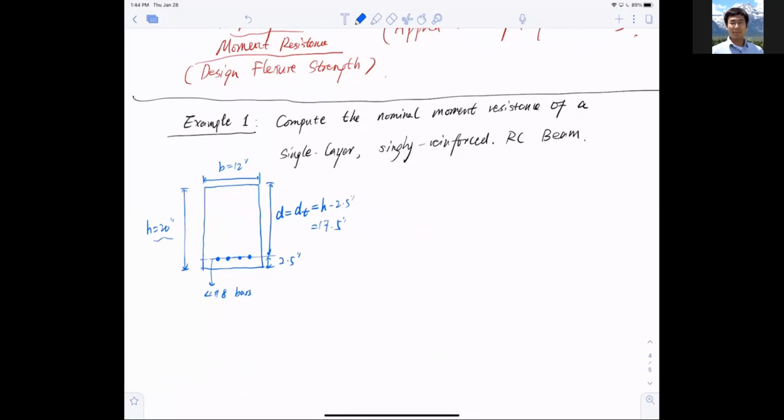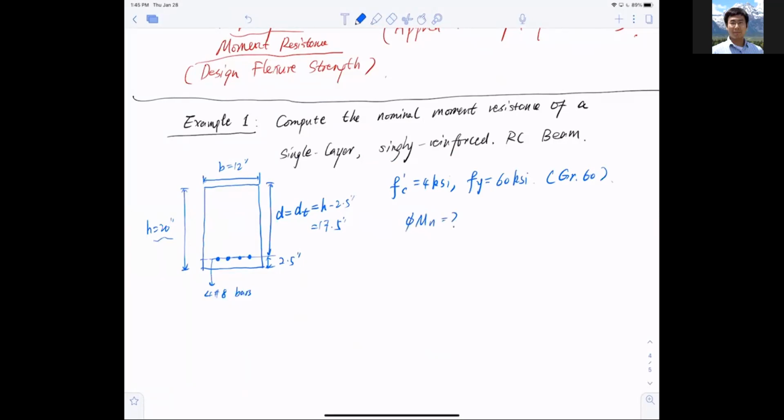The input parameters: concrete compressive strength is 4 ksi, ready mix, and yield strength of the bar is 60 ksi. In the exam, I will be playing clever. I only tell you it's grade 60. Go figure it out yourself. The question is, what is my phi Mn?